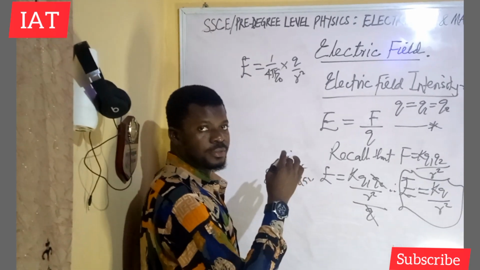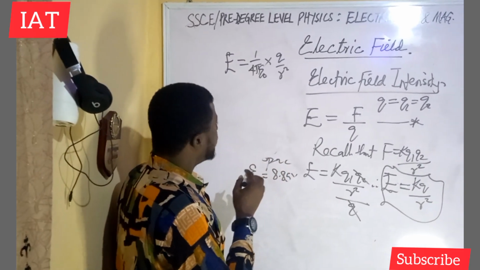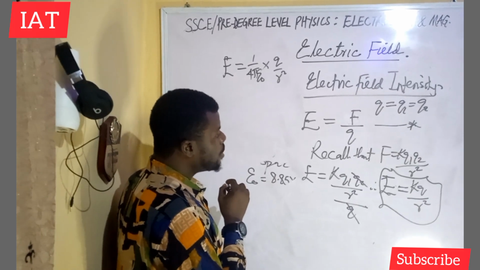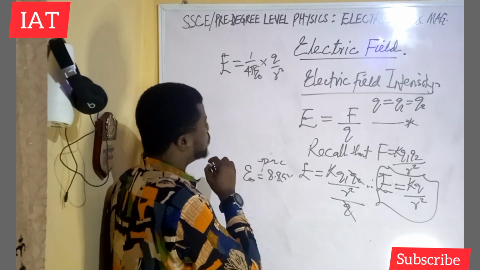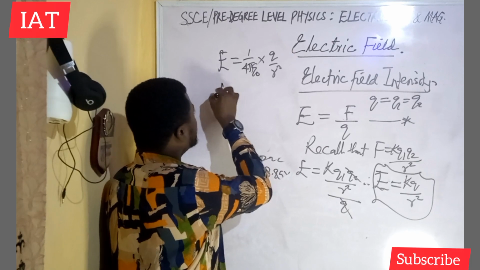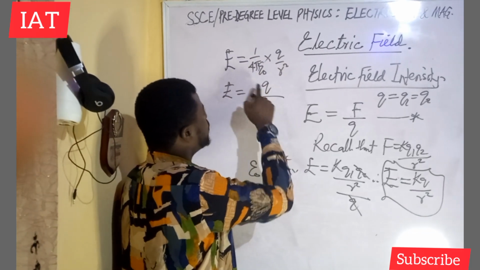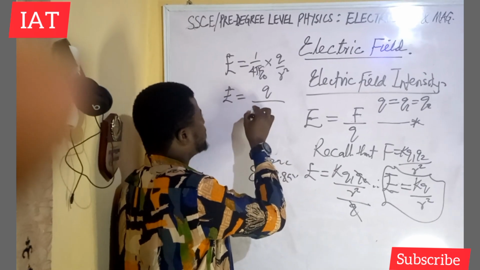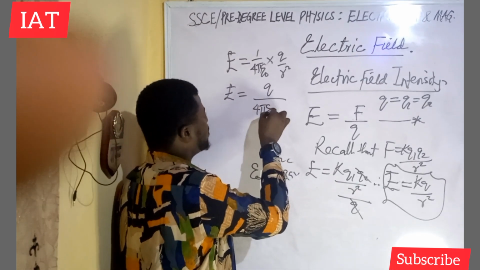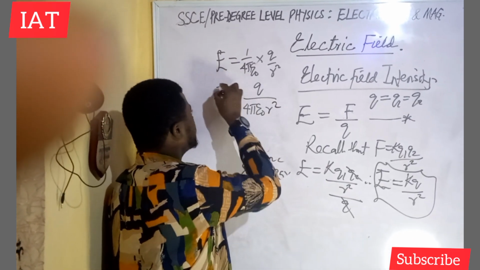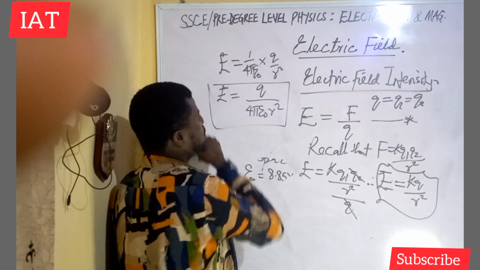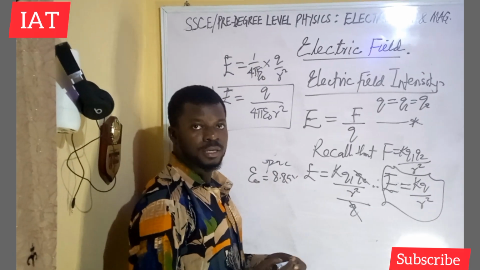So E will be equal to Q all over 4 pi epsilon naught r squared. This is another expression for electric field intensity.